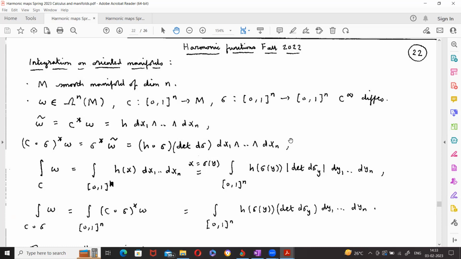Recall that for any n form on an n-dimensional vector space, if I pull back by a linear map T, then T star of omega is determinant T times omega. We saw this long ago.